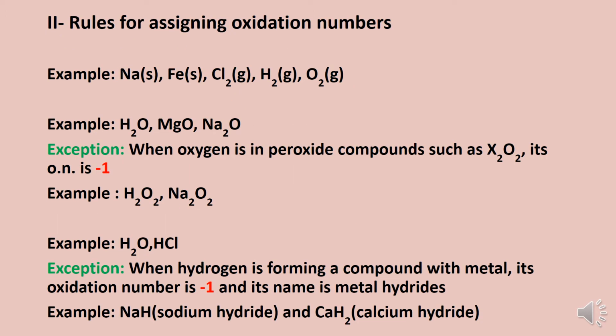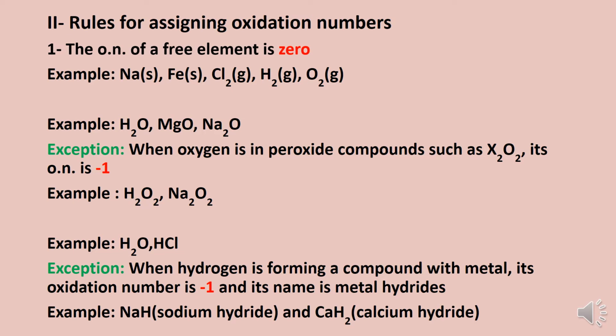Now the second objective is rules for assigning oxidation numbers. Let's start with the first rule. The oxidation number of a free element is 0. Example, Na solid is an atom. It is a free element, its oxidation number is 0.